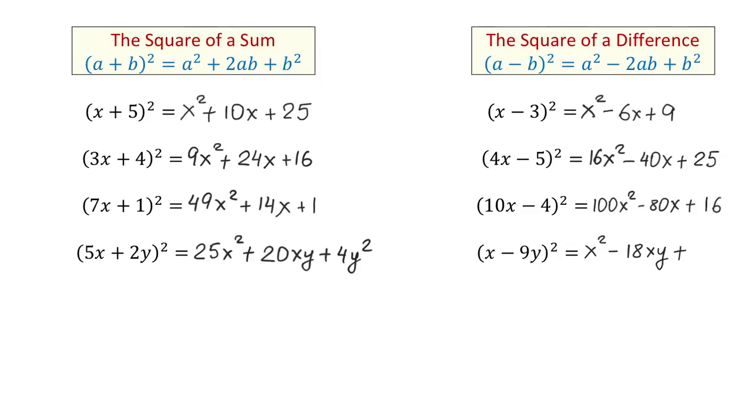And the last term, 9y raised to the second power, will be 81y squared. So the trinomial obtained is x squared minus 18xy plus 81y squared.